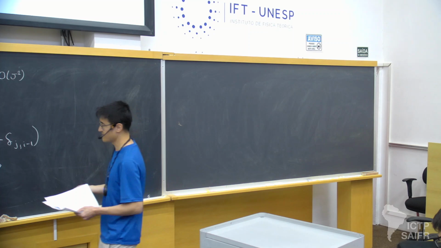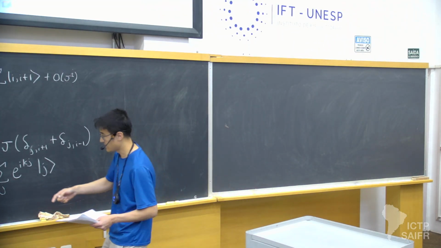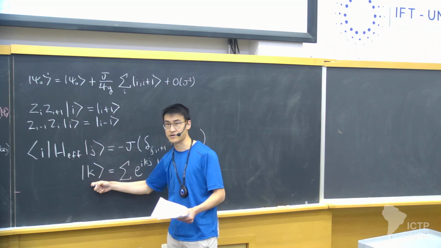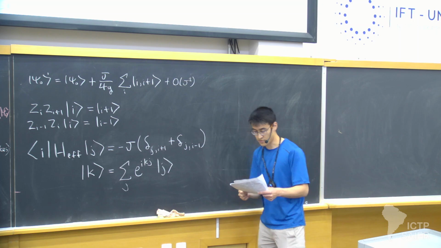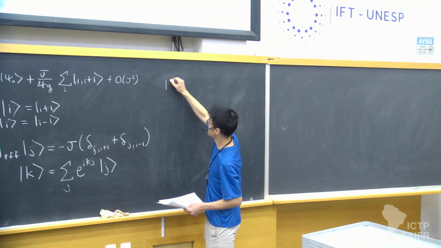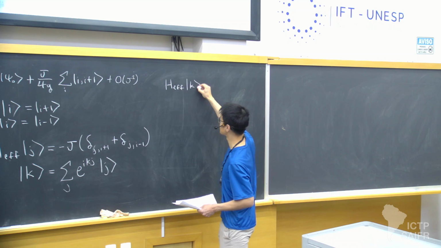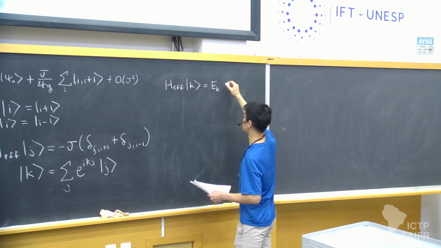And so now you can see that it's pretty straightforward to check that H effective, this effective hopping Hamiltonian, is diagonal in this momentum basis, right? So you can check that H effective acting on such a momentum state just pulls out a number.